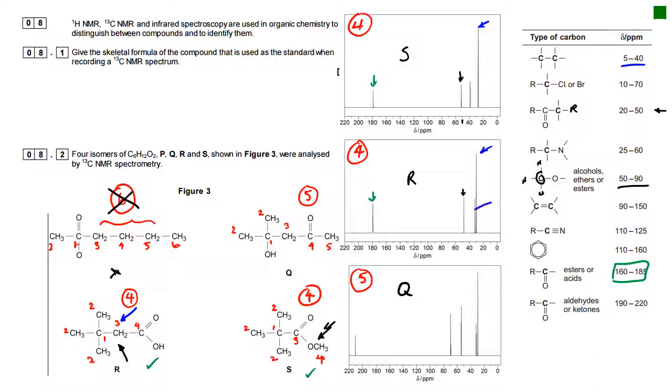So I would say that that peak there is this carbon here, because it's involved in carbon-carbon double bonds, very similar to the large peaks there, but in a slightly different environment, which gives it a slightly different chemical shift.